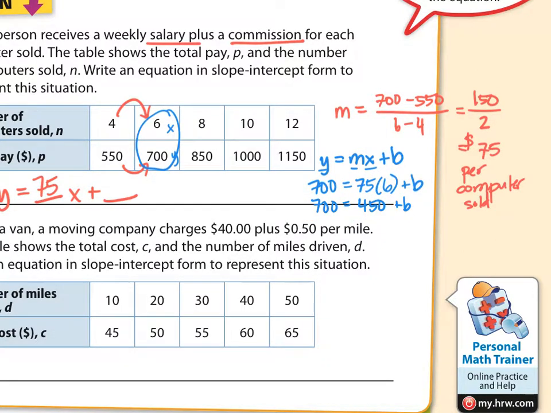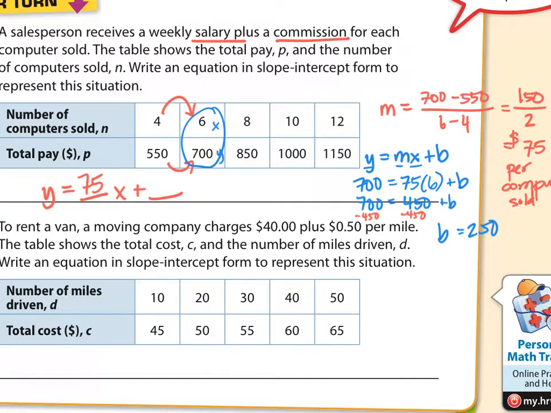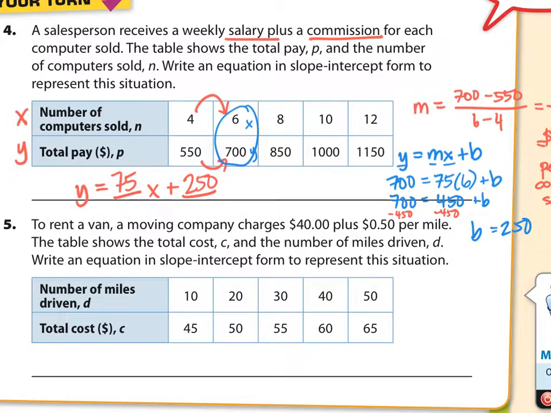And the mathematical way to think about this and to work it out is subtract 450 on both sides. So I subtract 450 from 700, and I get my y-intercept, which is 250. Okay. So 250 is our y-intercept that goes in this blank, and I have my equation.